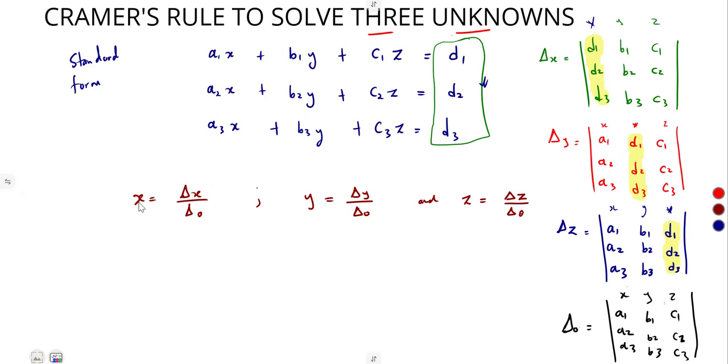But let's say they said solve for x. There's no need for you to find that of y and that of z, because you need x. So you're just going to focus on delta x and delta naught. Those two, they are enough. You can find x from there. If you want y, you do the same thing, delta y over delta naught. Not to say you find that one for x, also for z. No.